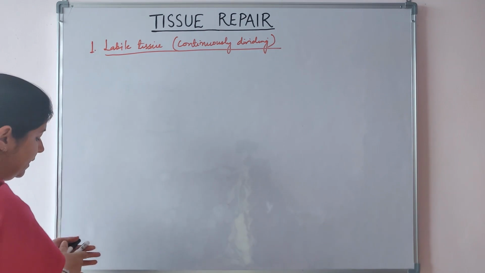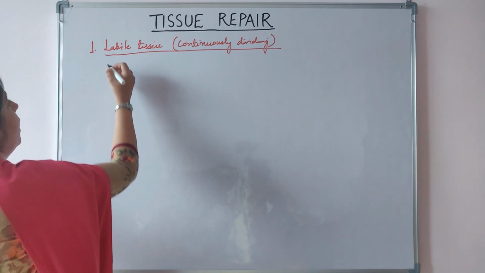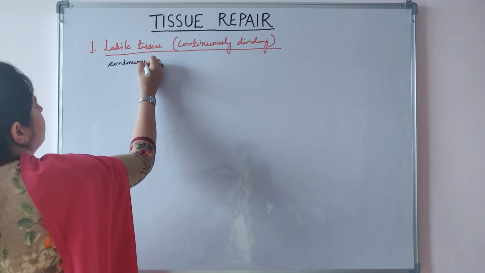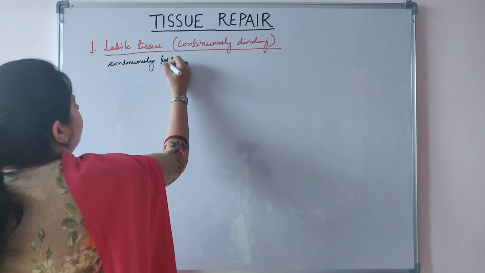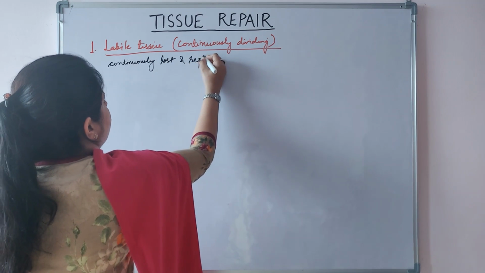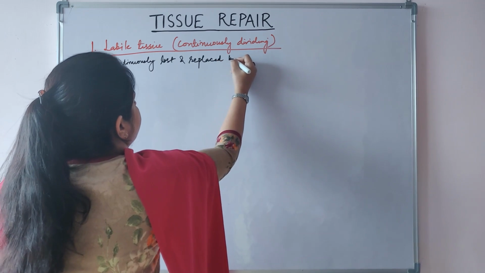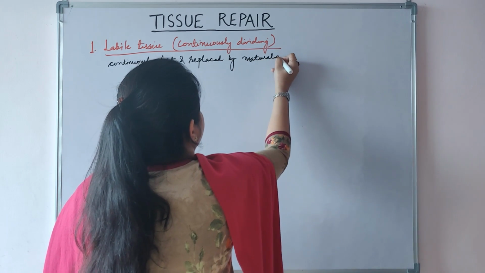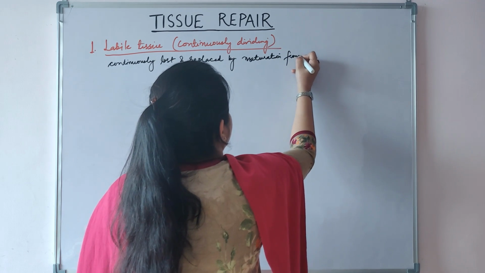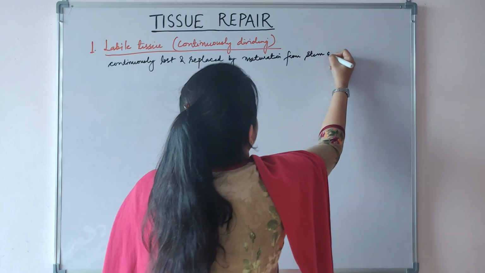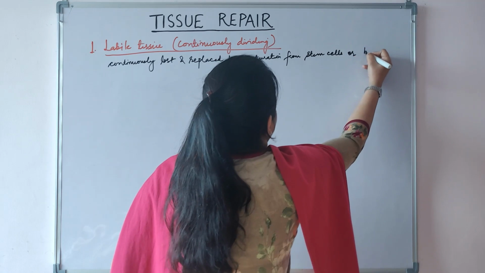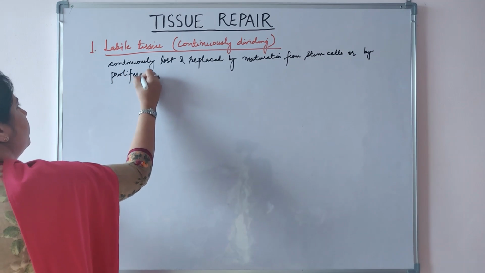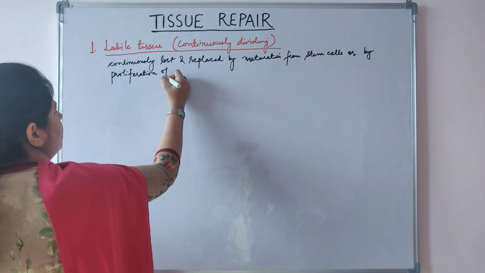The cells of these tissues are continuously lost and replaced by maturation from stem cells or by proliferation of mature cells.